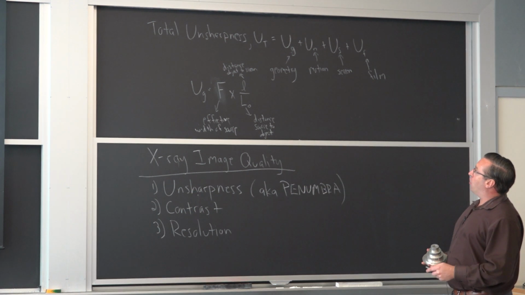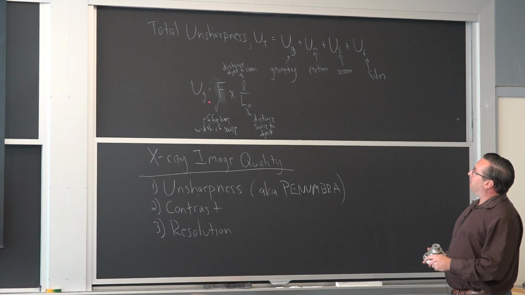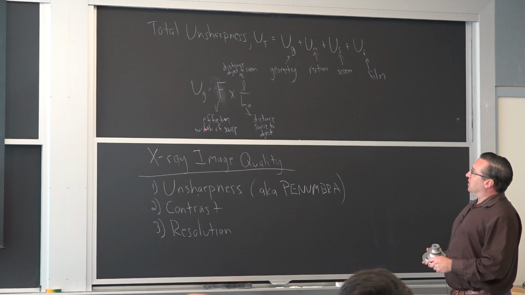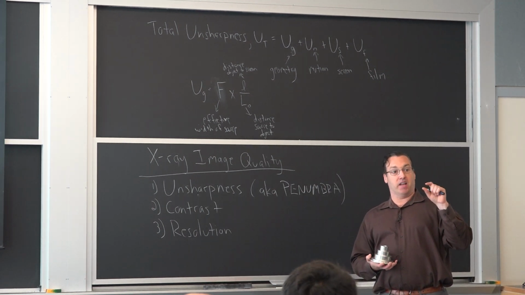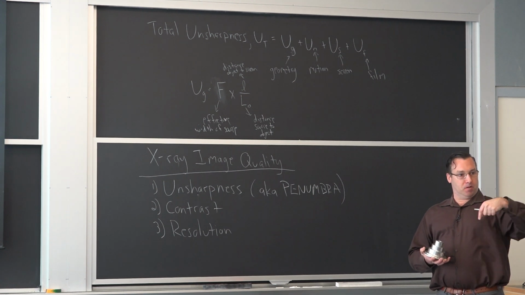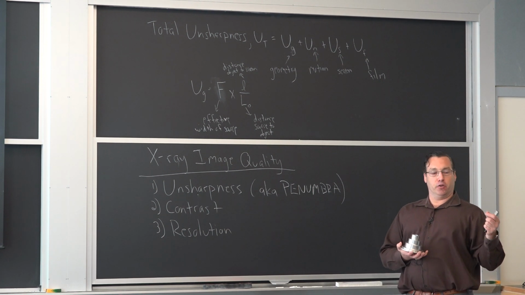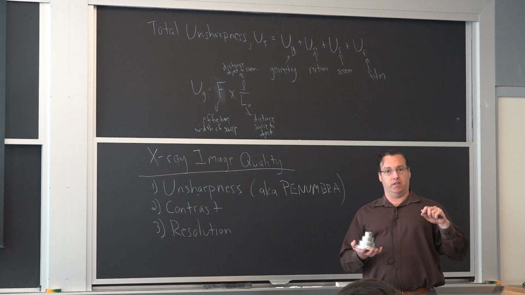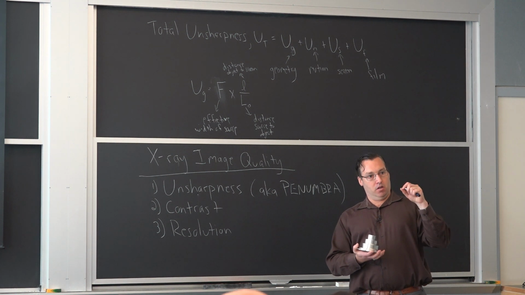So the total unsharpness: that geometry factor here is the effective width of the source. That is your focal spot size. For traditional film, the spot size is different than for computed tomography. One of the advantages of computed tomography is that you can actually get a micron focal spot size.